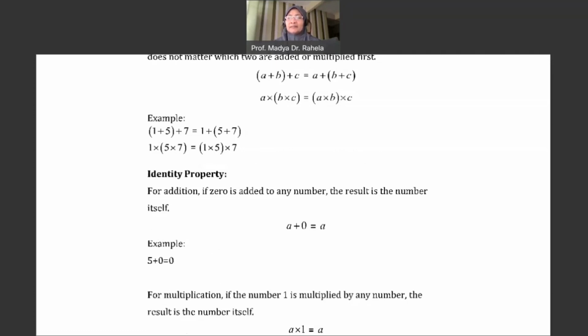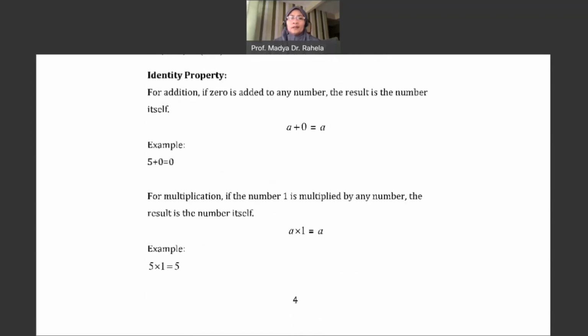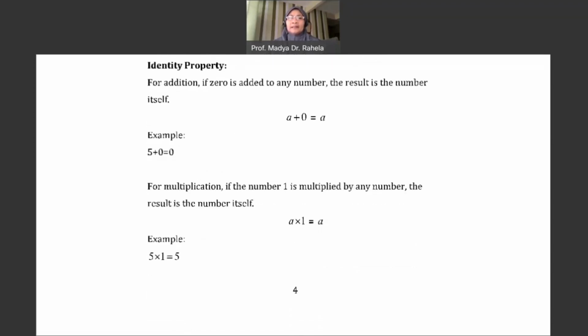So it preserves its own originality. For multiplication, the identity property is multiplying by 1. So A times 1 is equal to A. So the number 1 becomes the identity for multiplication. Once it is multiplied, it preserves its own originality.